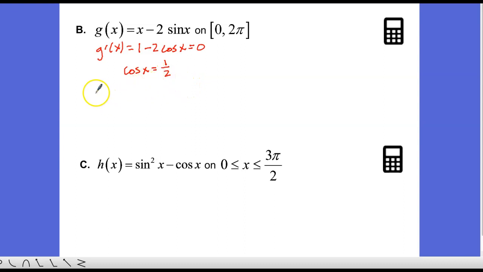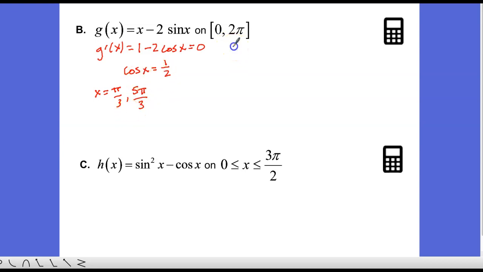Now from the unit circle, we know that from 0 to 2 pi, so that's the full unit circle, x equals pi over 3 when cosine is 1/2, and x is also 5 pi over 3 when cosine is equal to 1/2.